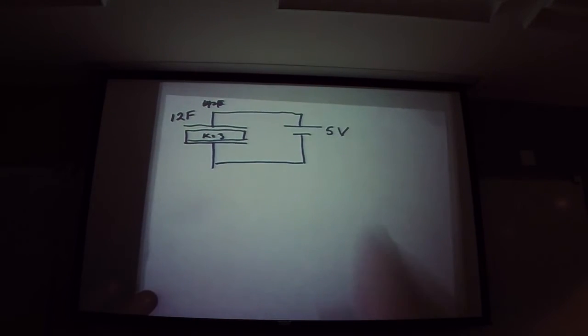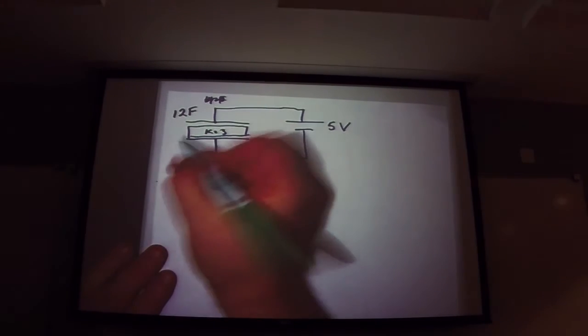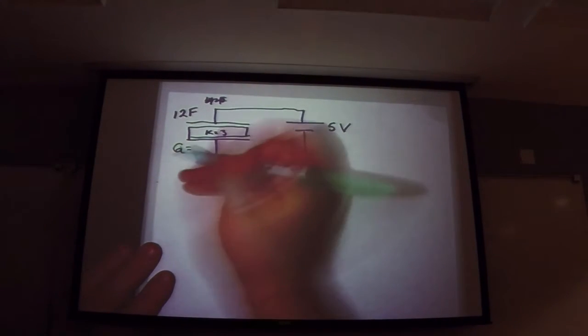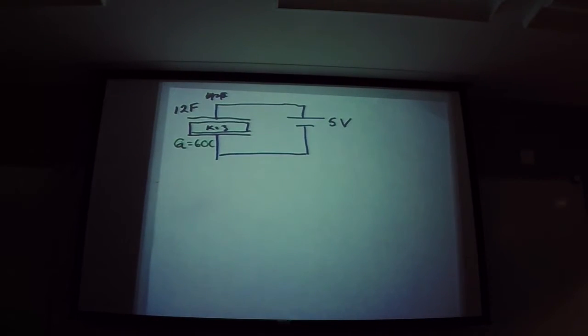So now this stores its charge, and the charge here is 60 coulombs. A little bit unreasonable, but hey, what do you know? Okay, so we've got 60 coulombs of charge. Now there are two scenarios I want to discuss. The first scenario is I'm going to pull the dielectric out, as is.